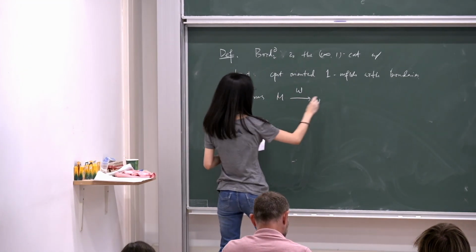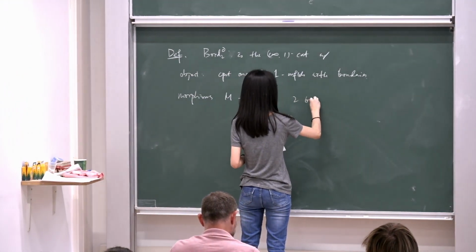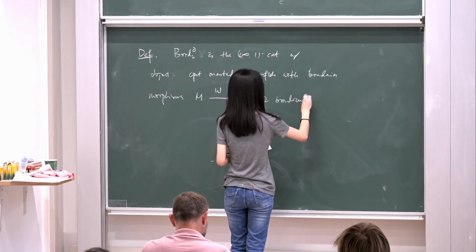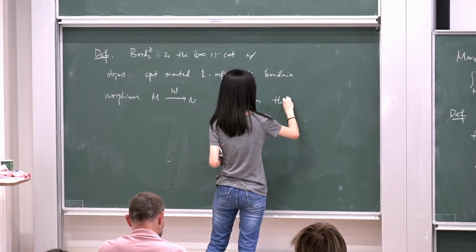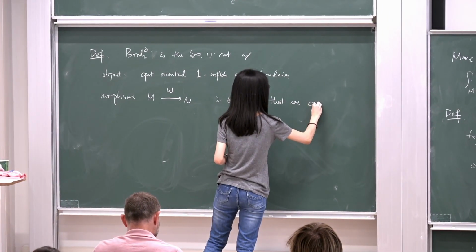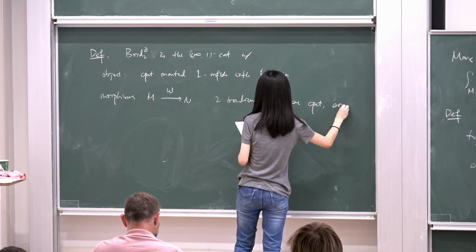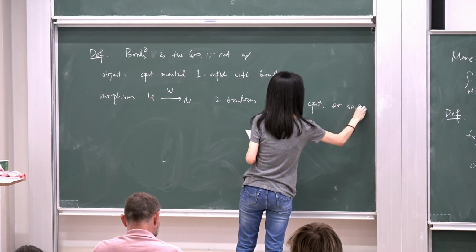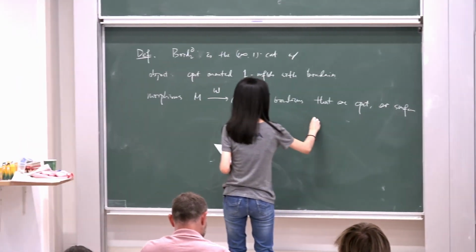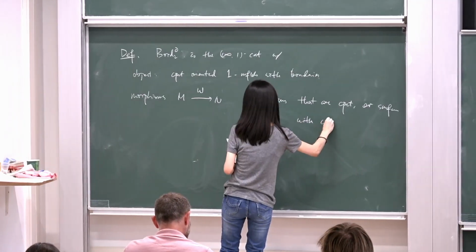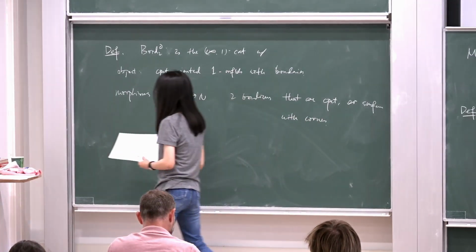are two bordisms that are compact oriented surfaces, but might have corners. And maybe let me draw an example.